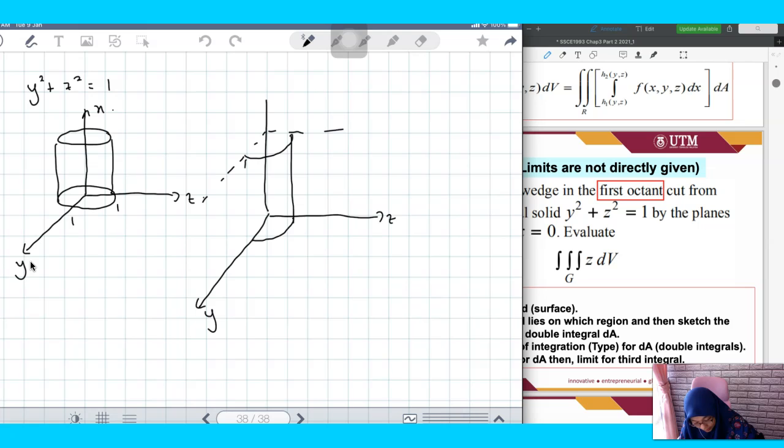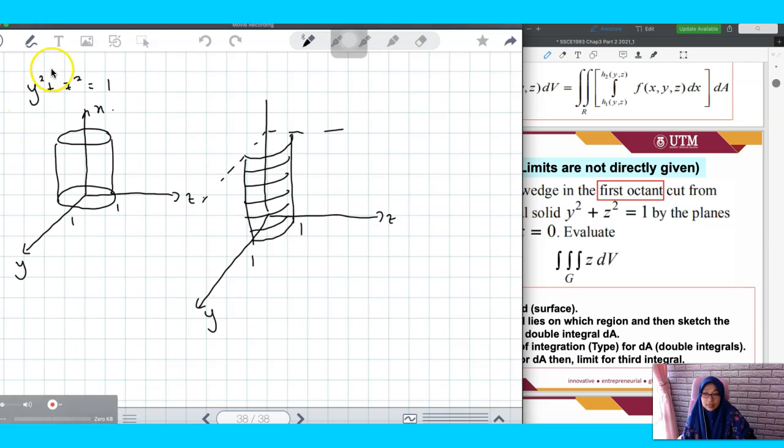So that is the cylinder that we have. This is 1, this is 1. This is actually an open cylinder, just part of the surface of the cylinder y squared plus z squared equal to 1. This is still open, and it is still not a solid. What is actually the solid? A solid is a closed and bounded surface. This is still open. So how can you make it close?